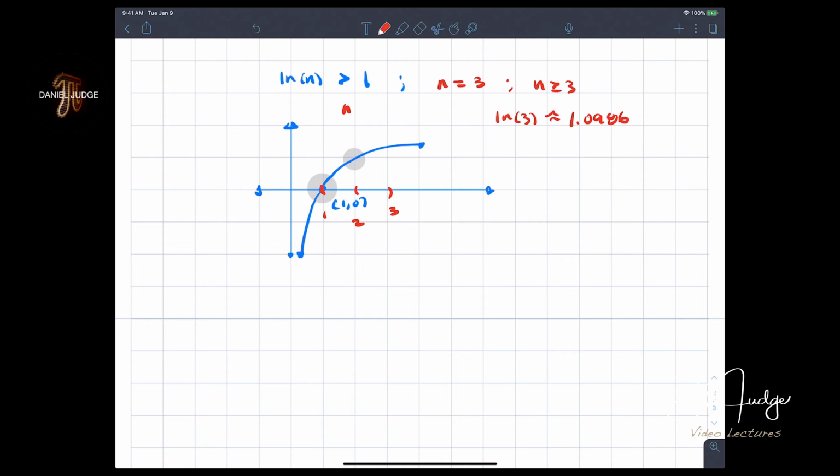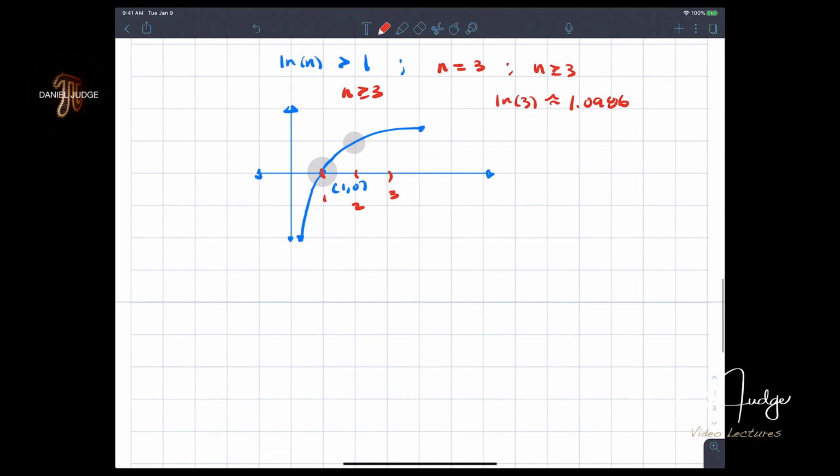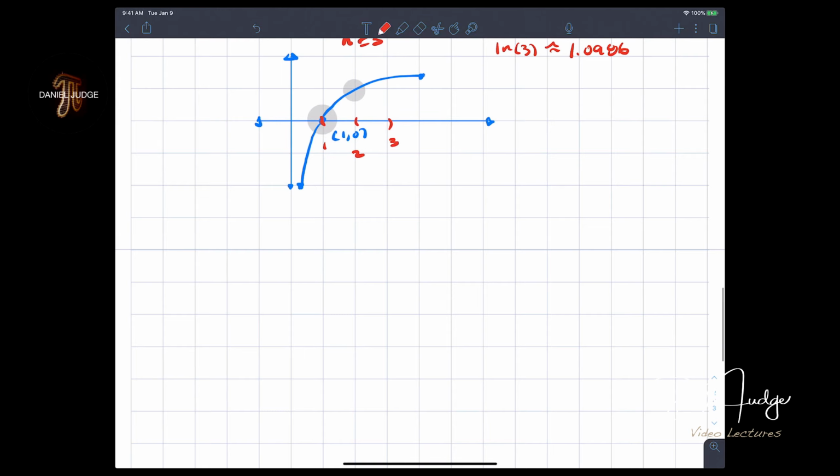So we need n to be greater than or equal to 3. So we know the natural log of n is bigger than 1, and we could divide both sides now by n. It doesn't change our inequality.